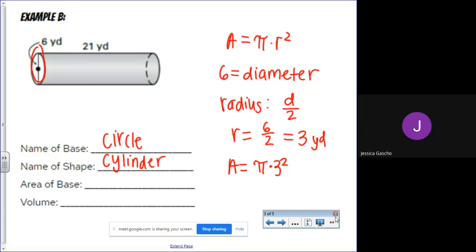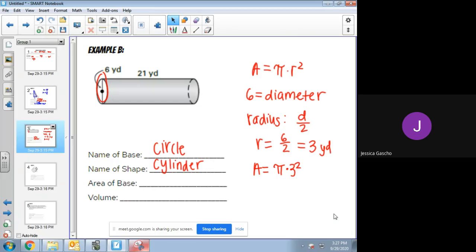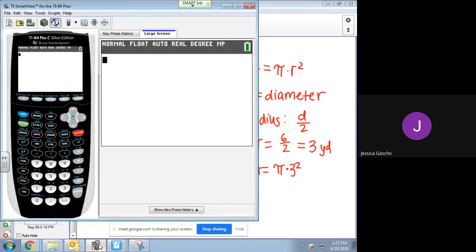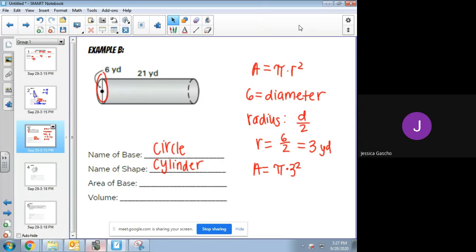In your calculator, we want to make sure we use the pi button. So the pi button is second up, and then we had 3 squared. So the area of my circle is 28.3. I'm going to leave that in my calculator, though, and make sure that I don't clear it. So 28.3 yards squared, because it's area.